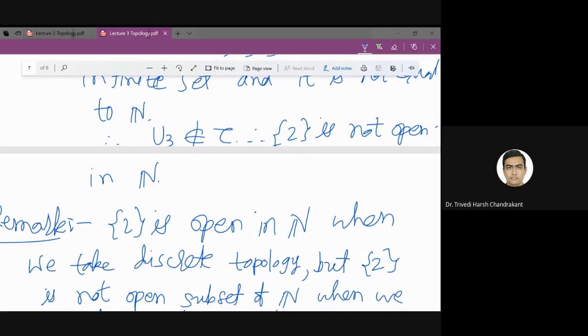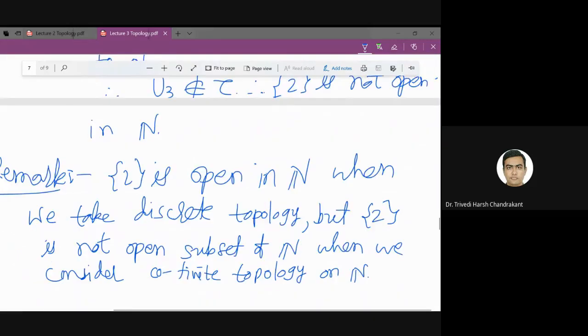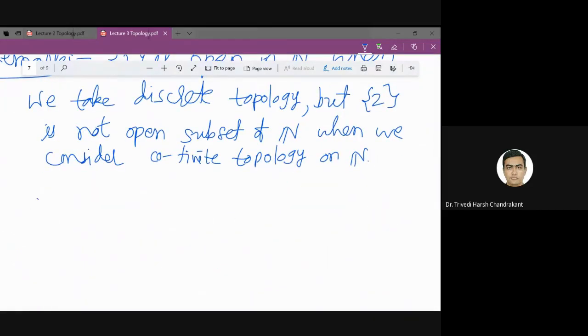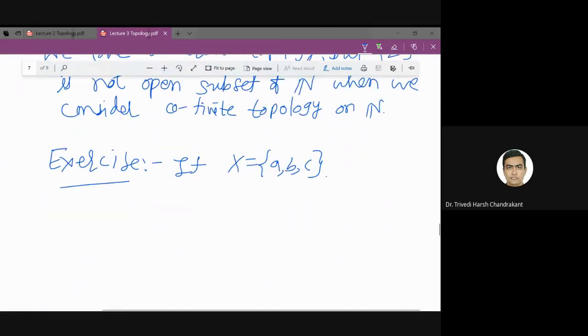So let me now give you one exercise and then I will stop the lecture. The exercise is: if I take a three-element set X equal to {a, b, c}, let me define two families.